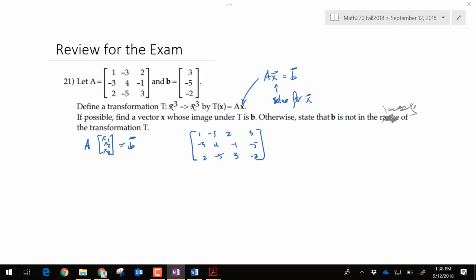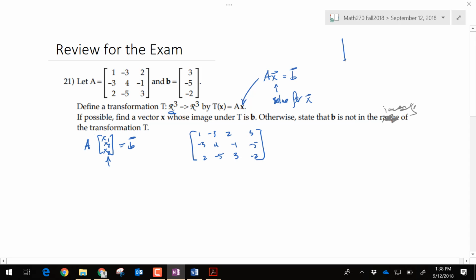A transformation is a function that takes in a vector and then outputs another vector. So our vector input is something in R3. That's your domain. And then your output vector will be something in R3.